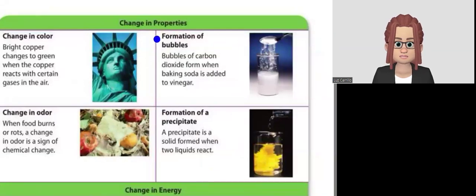The formation of bubbles, because the new substance or substances that is produced may be contained in a liquid form, but it is a gas, so it bubbles out of the liquid that is contained. The formation of a precipitate. A precipitate is another word that we use in chemistry for the formation of a solid when you combine different substances.